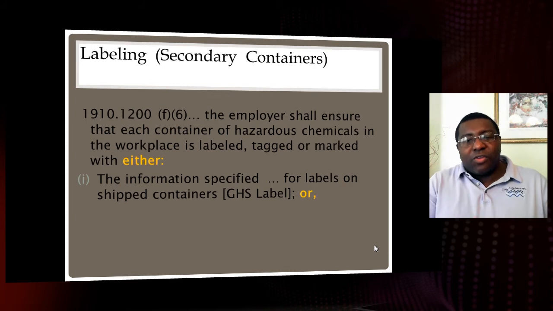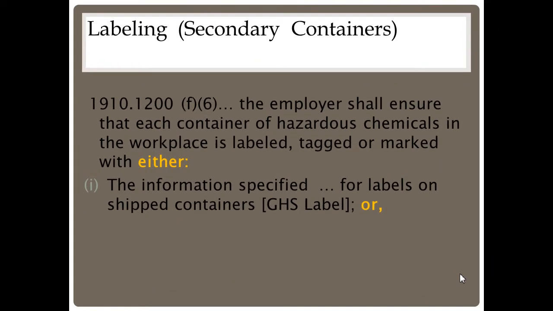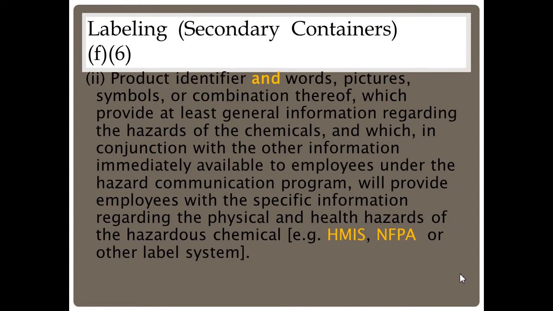So that 1200 F6 is saying that's where you could find the rule for secondary containers. The employer shall ensure that each container of hazardous chemicals in the workplace is labeled, tagged, or marked with either the information specified for the labels on the shipping container, meaning your GHS container, or a product identifier in your words, your pictograms.